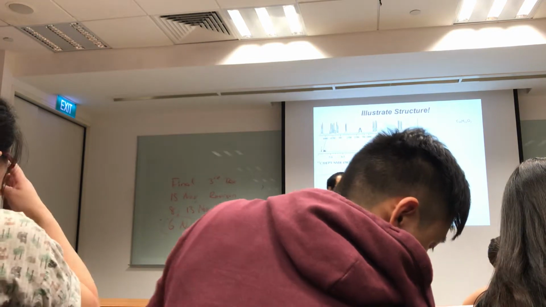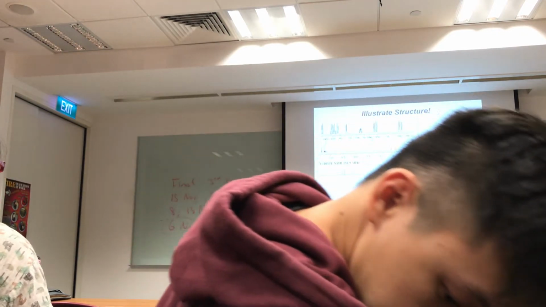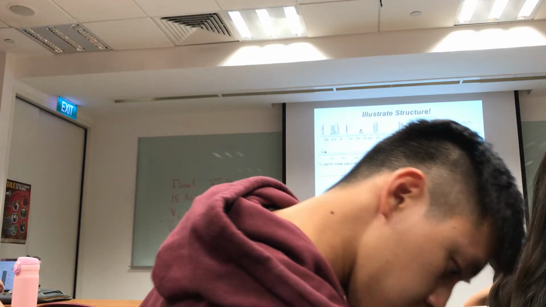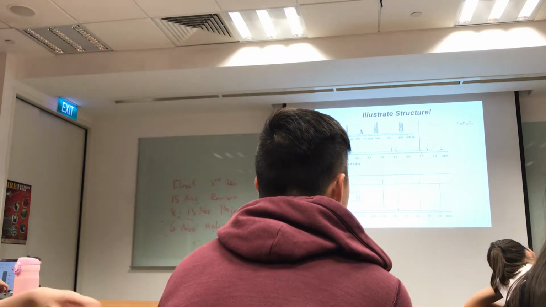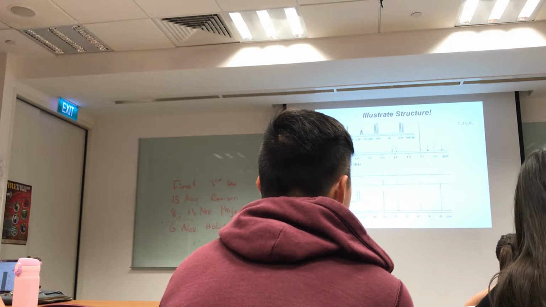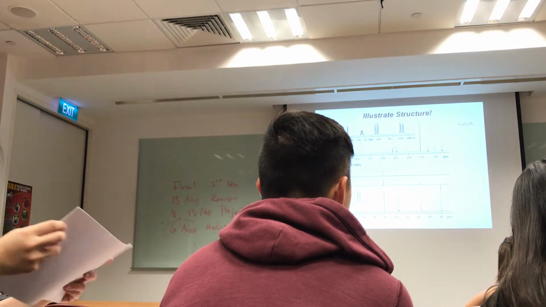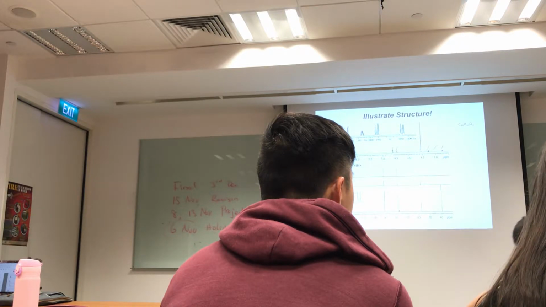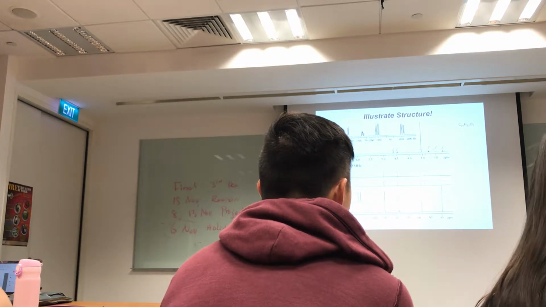But for 4 sp2 CH, it may be a di-substituted phenyl, or you may have a monosubstituted pyridine, right? You have a 5, you have a 4, right?